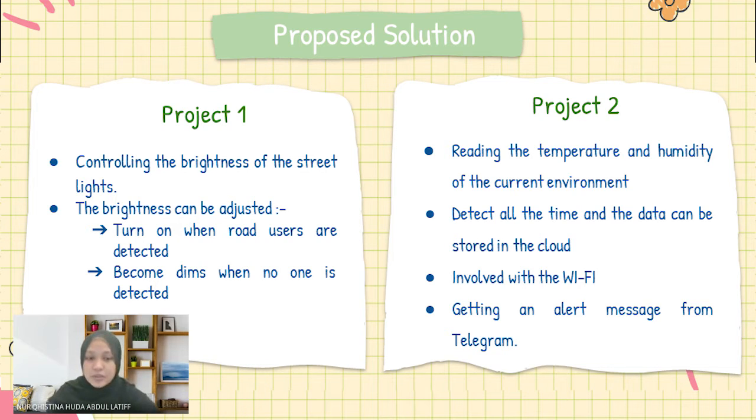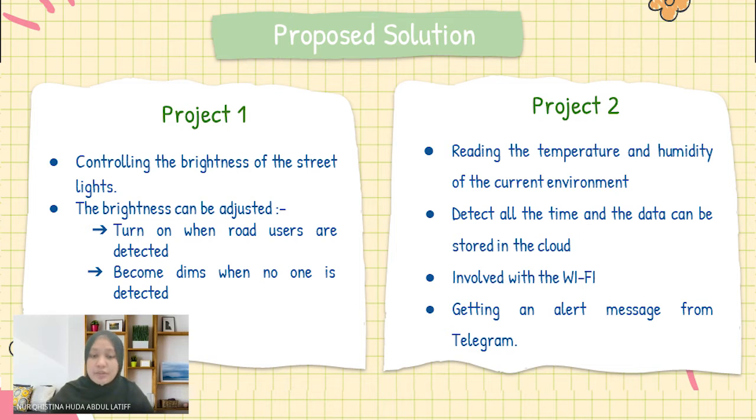So for project 2, our project is about reading the temperature and humidity of the current environment. This project can be implemented because the readings of the temperature and humidity are accurate based on the current environment. Currently, the business that are involved with the food storage have a problem to detect or do not have accurate data about the temperature, and all the data are not updated from time to time.